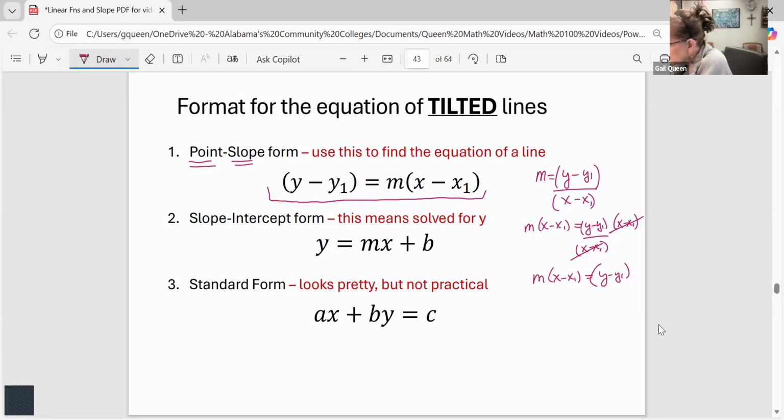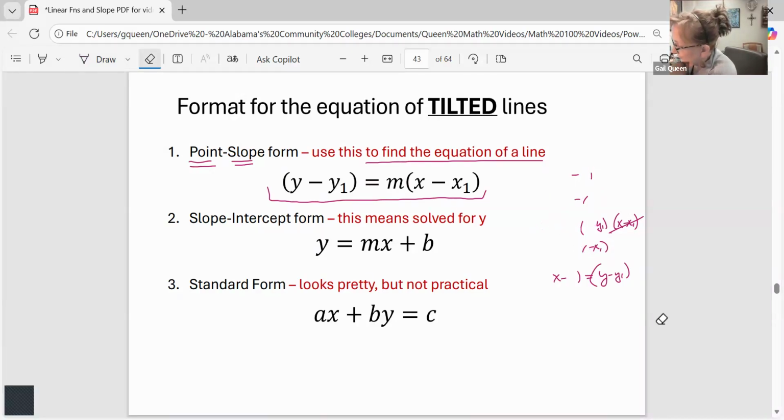So this is used to find the equation of a line. So if they start a problem, they say, find the equation of the line that, the first thing that you need to think is point slope form. Okay. Now there are some other things that we might choose depending on the given information, but you can always use the point slope form to find the equation of a line. All right. So point slope form, that's the first format.